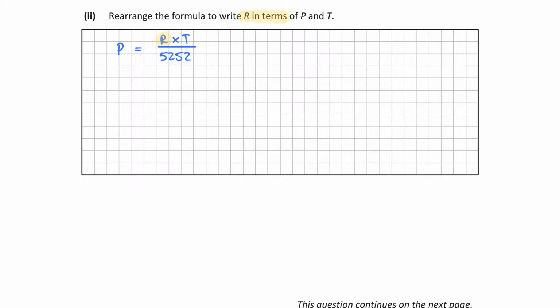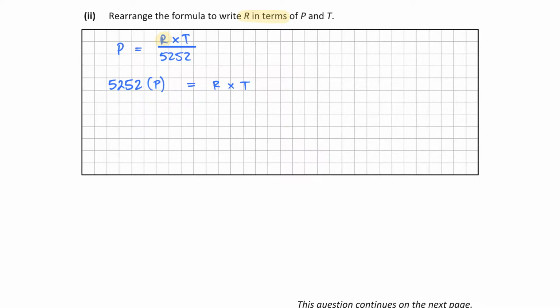If I multiply the left-hand side by 5,252, I'll get 5,252P. But if I multiply the left-hand side by 5,252, I have to multiply the right-hand side by 5,252, and that leaves me with R times T.